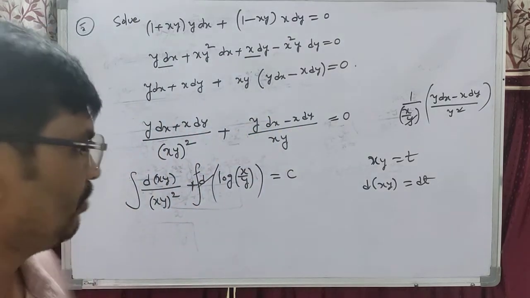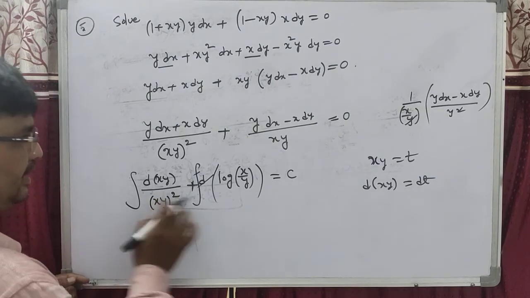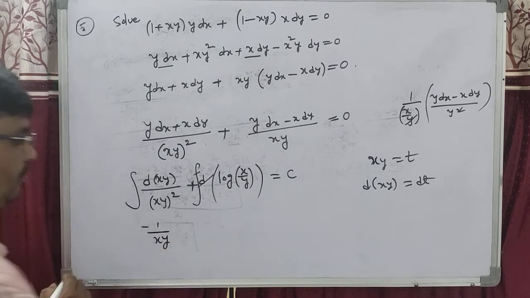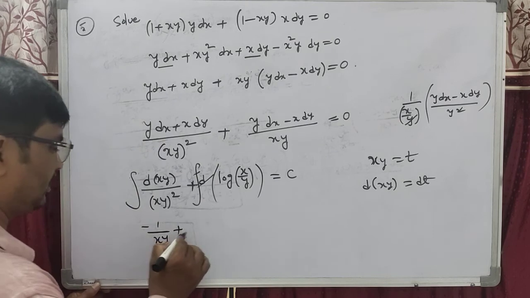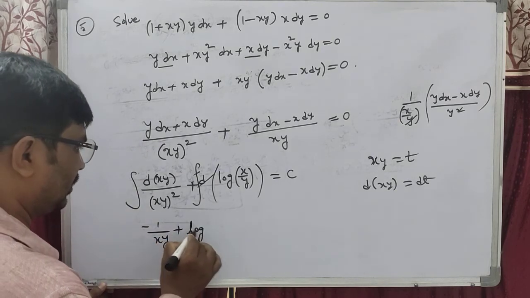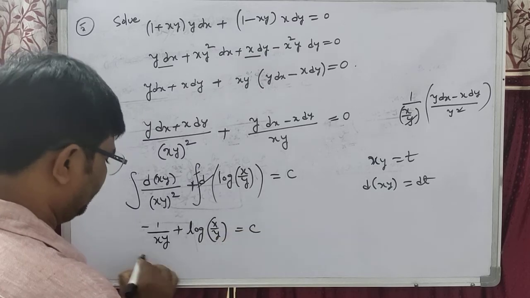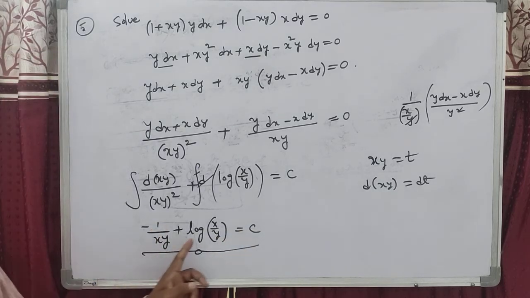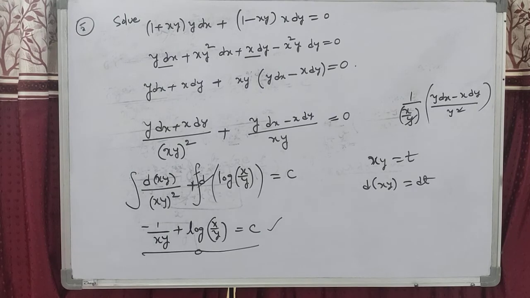Now t is xy, so minus 1 by xy. We can write log of x by y equals c. This is minus 1 by xy plus log mod of x by y equals c. Okay, students, this is our required solution.